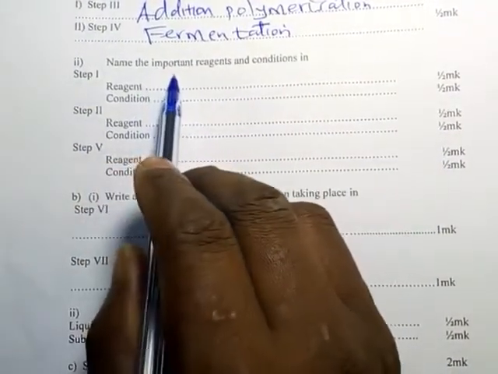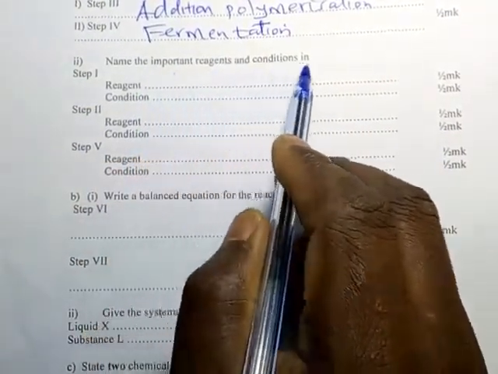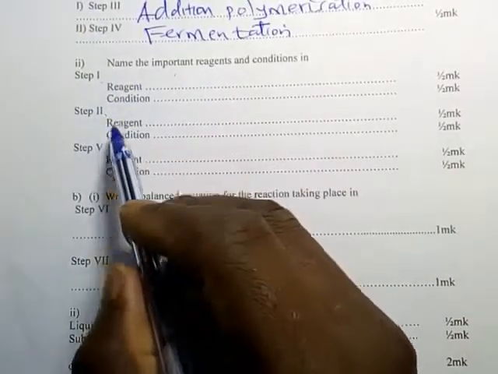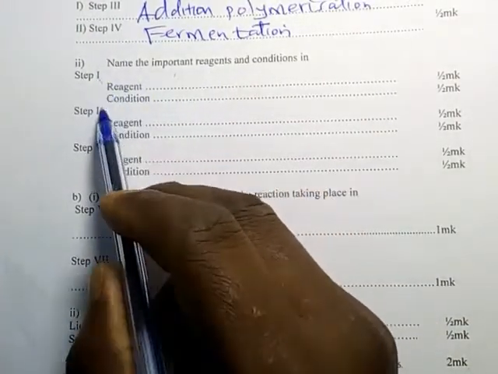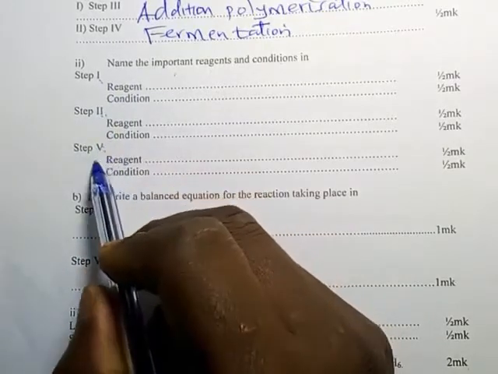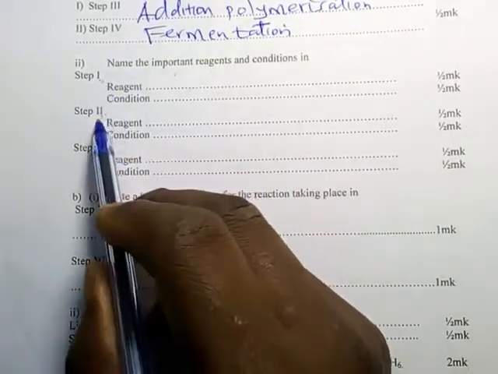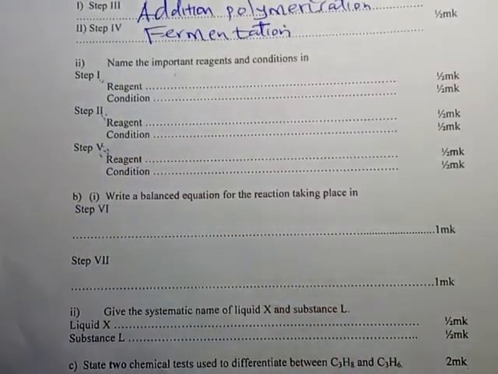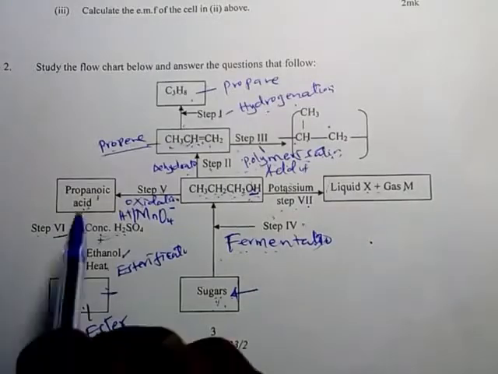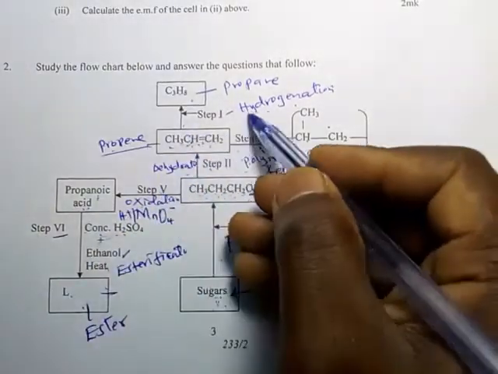Name the important reagents and conditions in step 1, step 2, and step 5. So we are looking for the reagents in step 1, step 2, and step 5. So you go back to the chart and then step 1, it is hydrogenation.